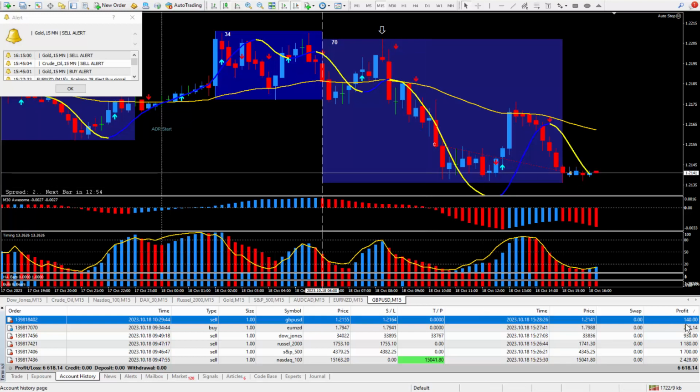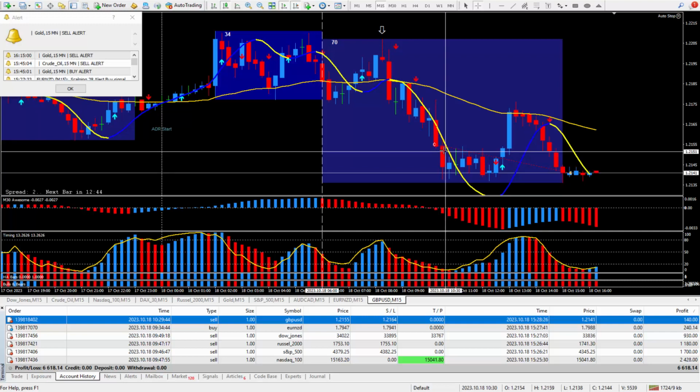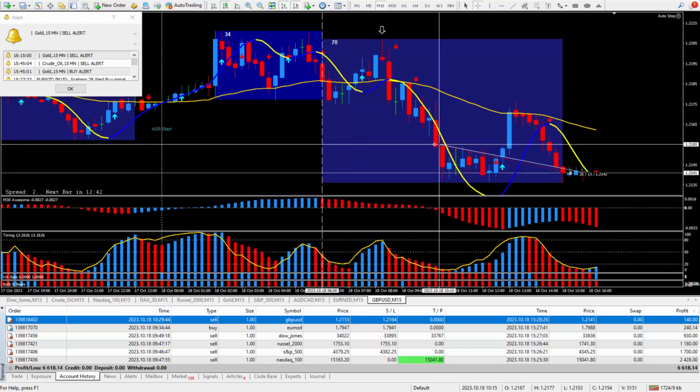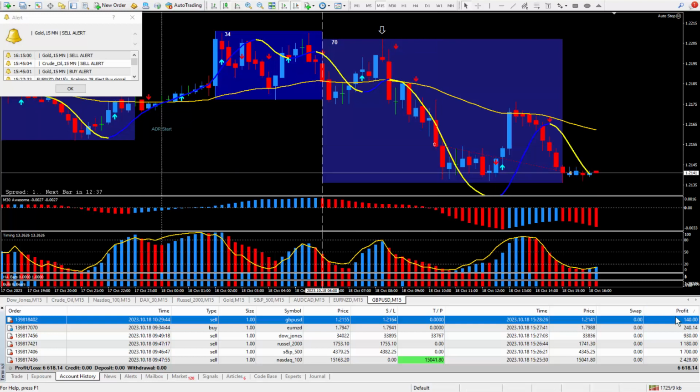So on this pound dollar, looking at the money, and due to the fact it pays $10 for each pip, because the USD is on the right hand side here, I ended up with 14 pips on this trade. There it is right there, 14 pips, and that locked in $140.